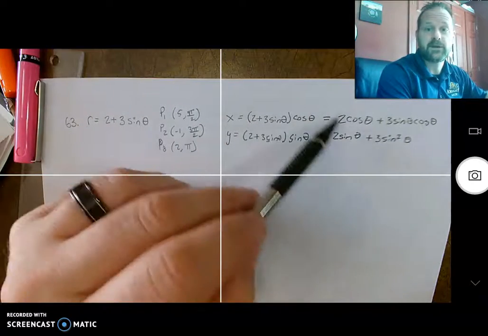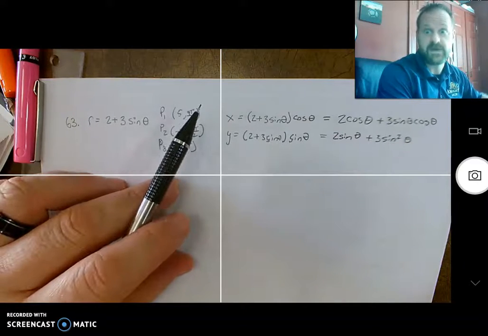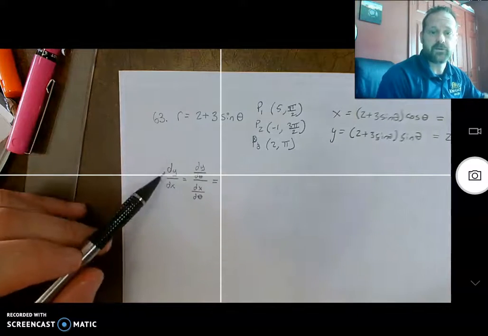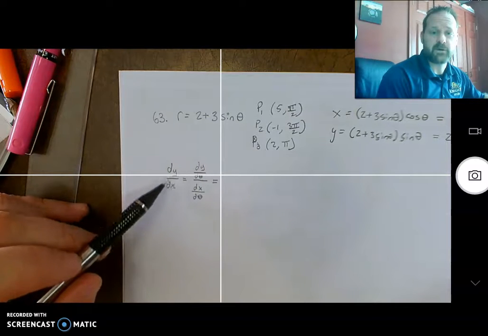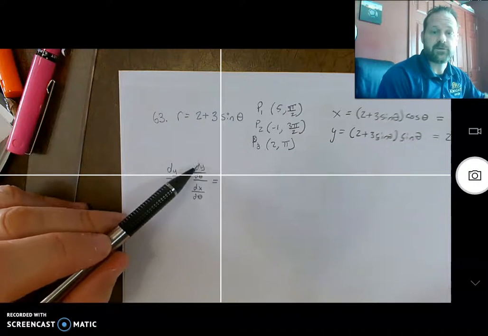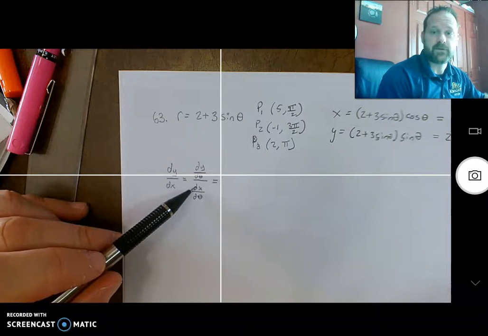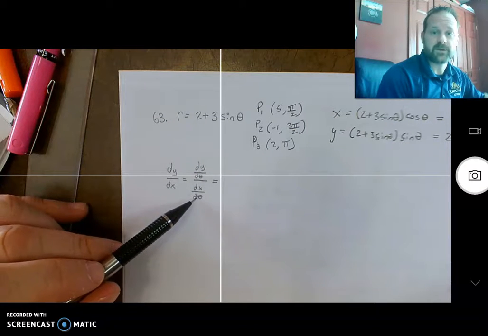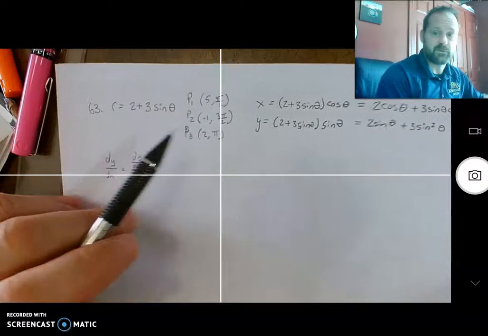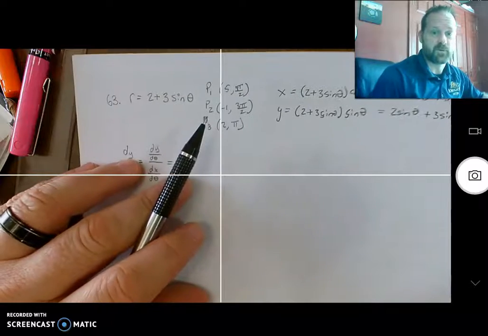Okay, so we want the derivative dy/dx, but dy/dx is going to be the derivative of y with respect to theta divided by the derivative of x with respect to theta. So we're going to have to remember our chain rule here with these. Okay, so I'll work those out.